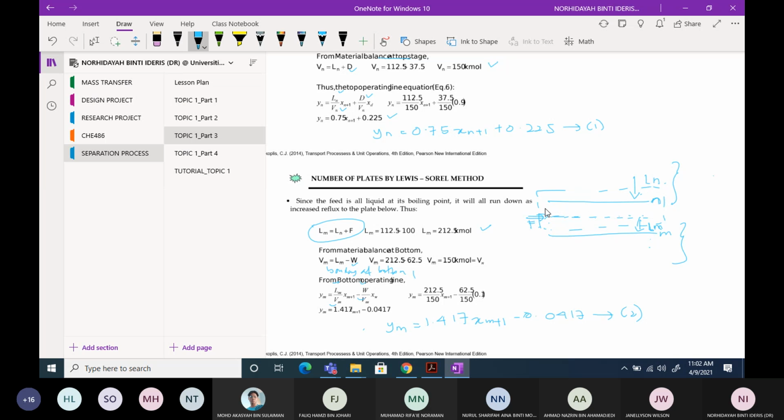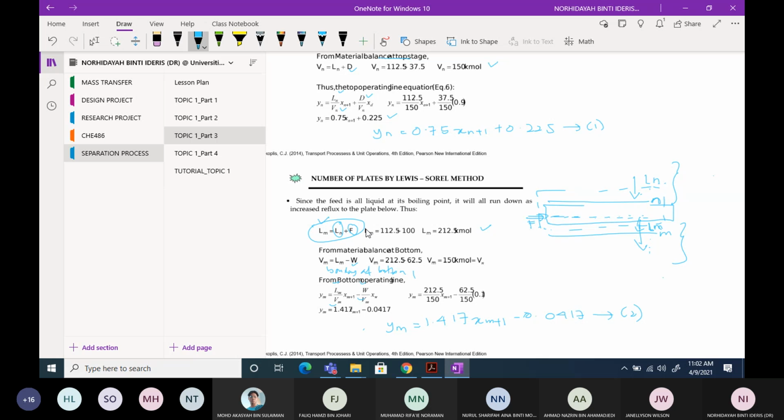If we make a mass balance at this border, at the feed, what is coming in is F plus Ln, which is equal to Lm, the one going out to the bottom part. So Lm is equal to the liquid flow coming from the rectification section plus the feed.